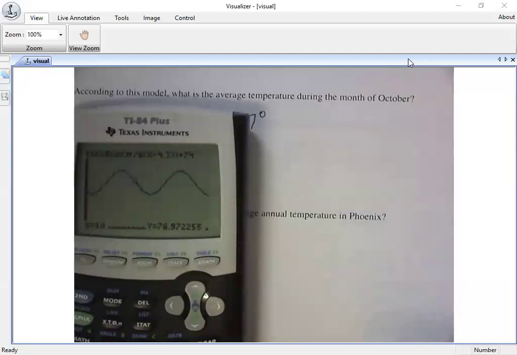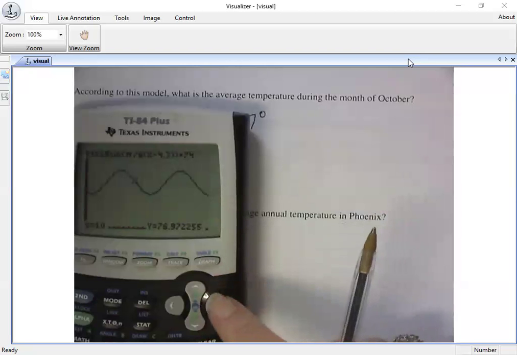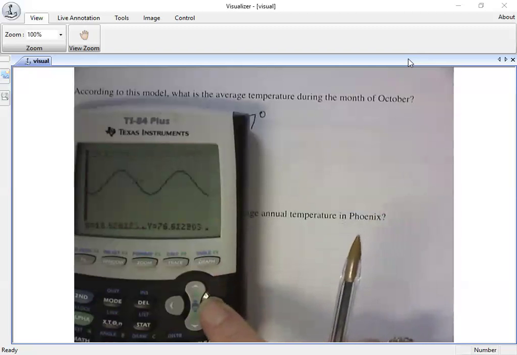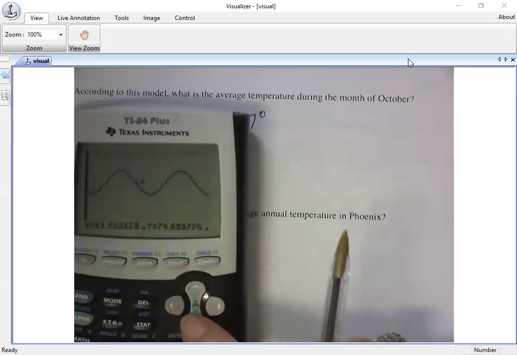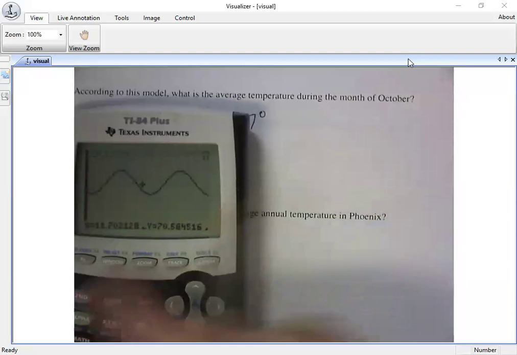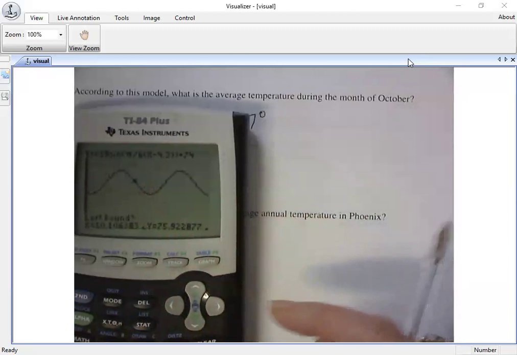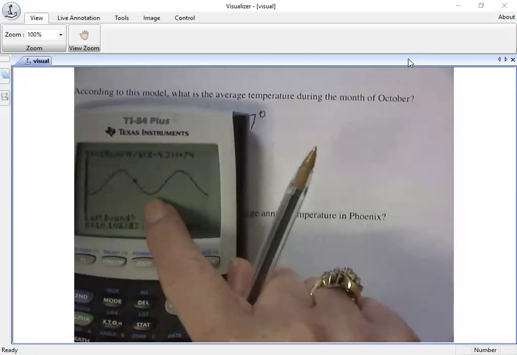So let's see if we can figure out what the minimum would be and what the maximum would be. If I do second trace to get a minimum, I'm blinking and I'm to the left of this point.